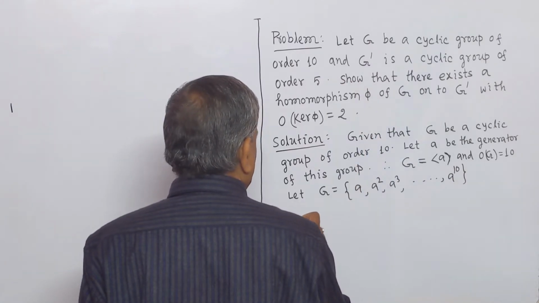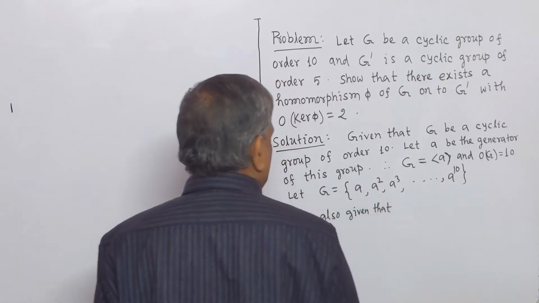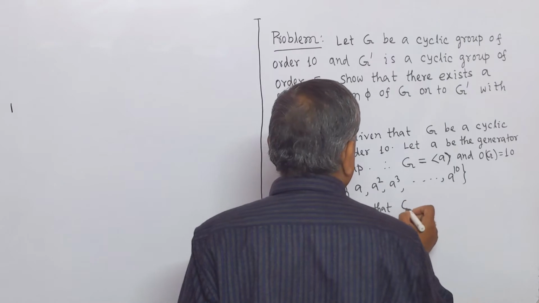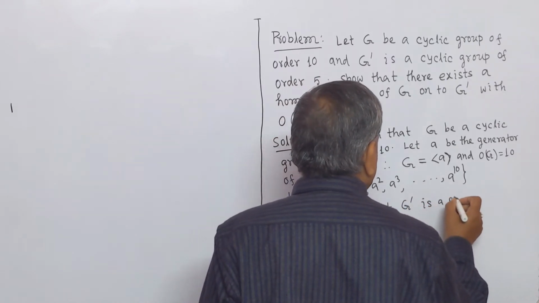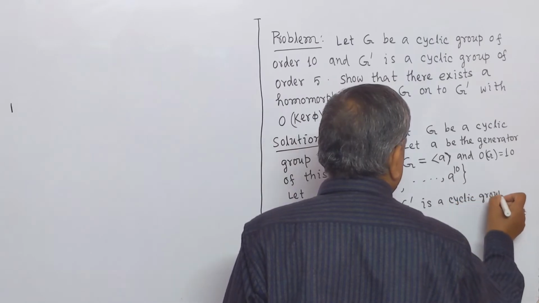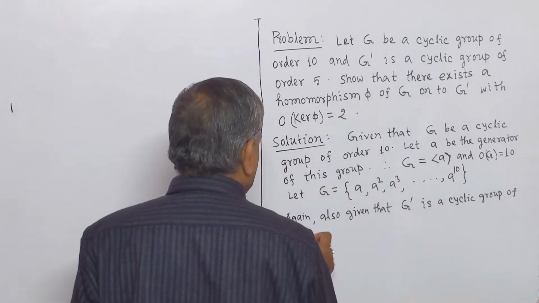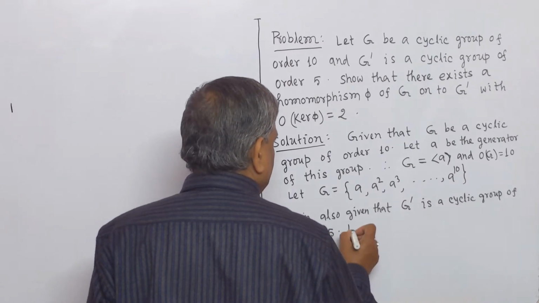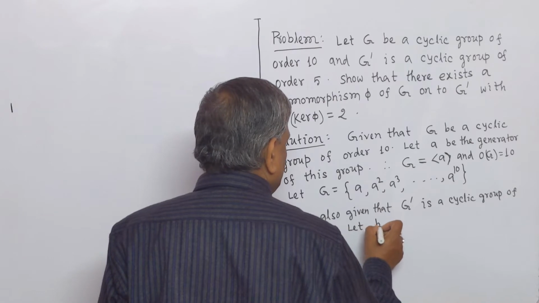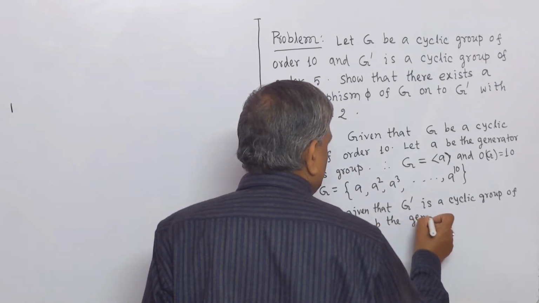Again, also given that G prime is a cyclic group of order 5. Let B be the generator of this group.